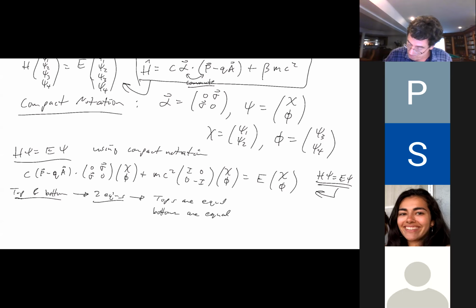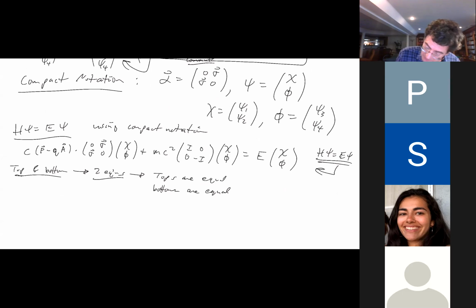So let's do the top part. I'm going to get C times P minus QA dot sigma times phi plus mc squared chi is equal to E chi.